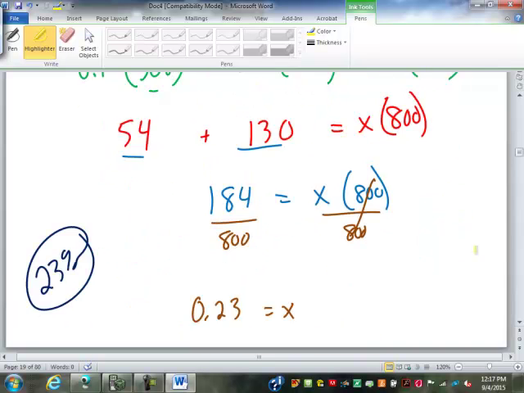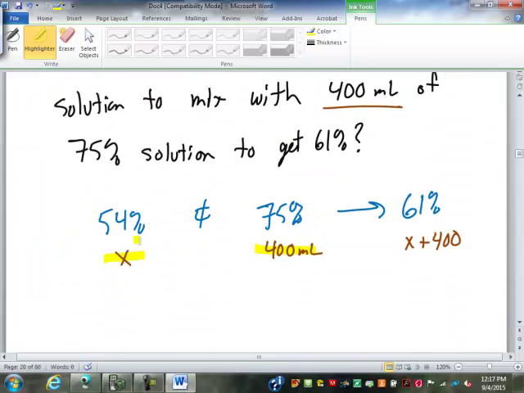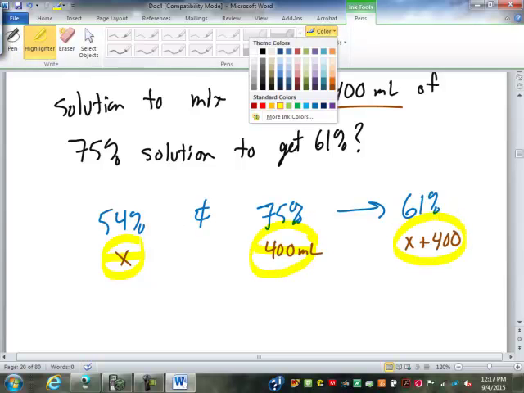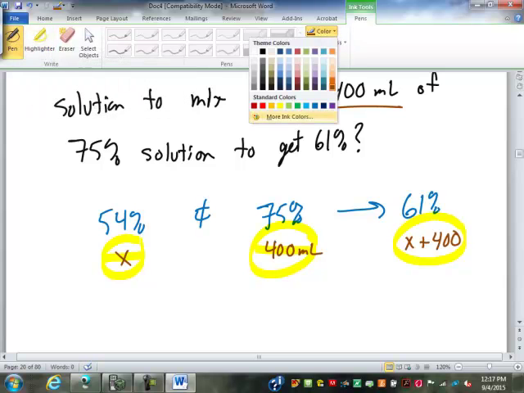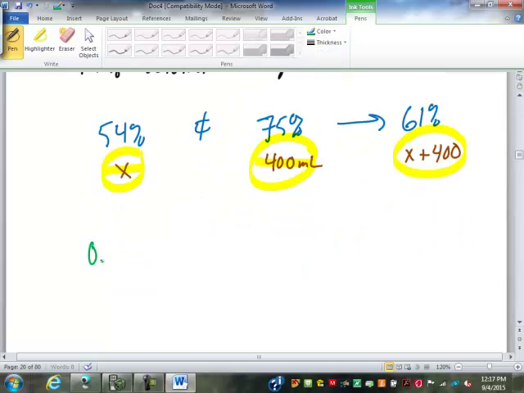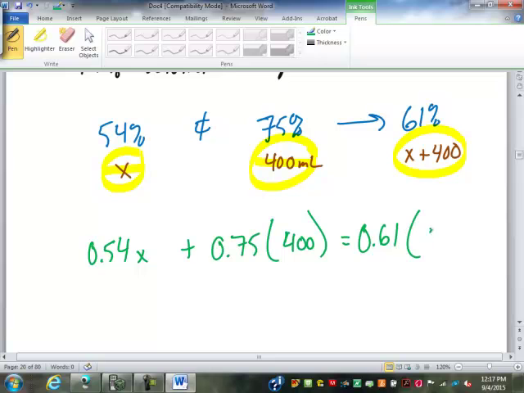Same down here, only we don't know one number. So now we'll write out our equation. This is going to be 54%, so 0.54 times x plus 75%, 0.75 times 400 equals 61%, 0.61 times x plus 400.